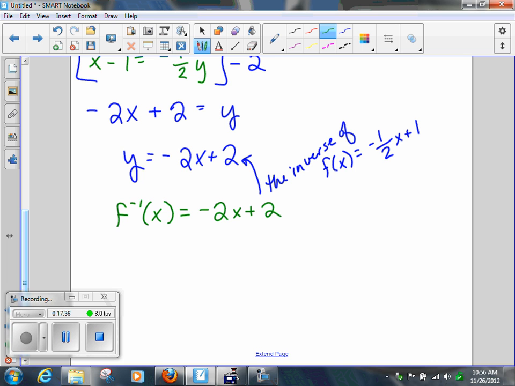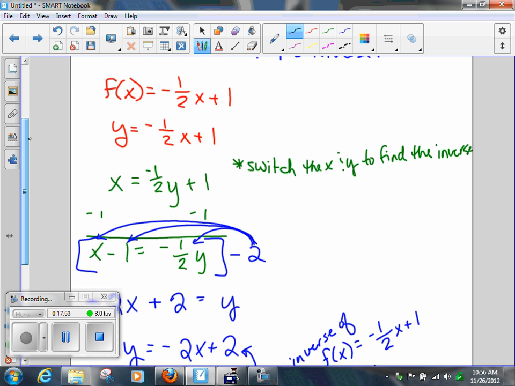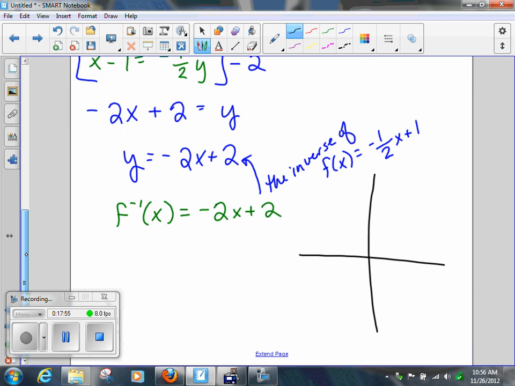And y'all, we're going old school. Oh yeah, we're going old school, okay? Here we go. We're going to graph the first function, and then we're going to graph the inverse. So, do you remember how to graph this? Negative 1/2 x plus 1. That's our original function. Do you remember how to graph this?